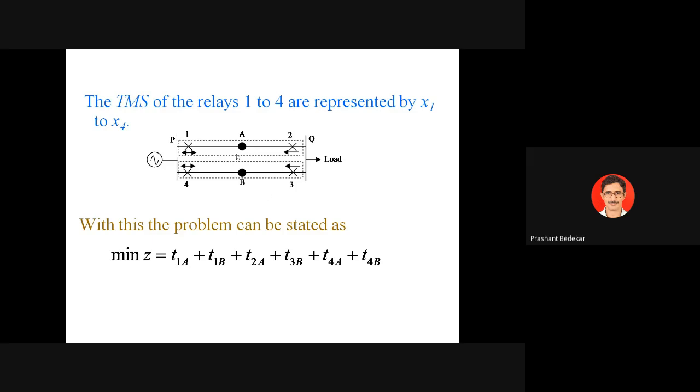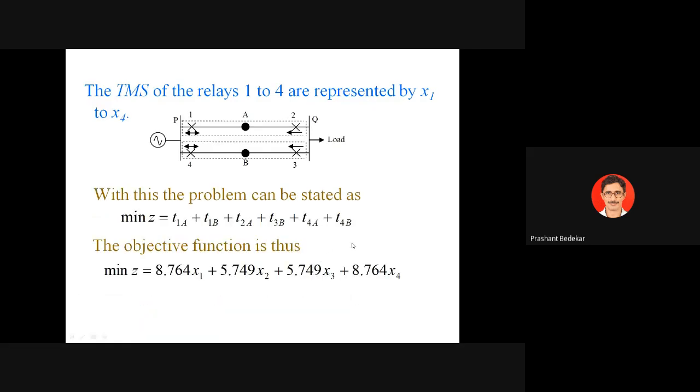Now, relay 1 looks for faults at point A as well as point B. Relay 4 also looks for faults at point B as well as point A, but relay 2 looks for faults at point A only, towards the left side. Relay 3 looks for faults on this side. So this is the objective function.